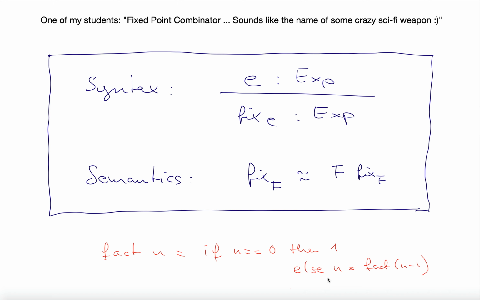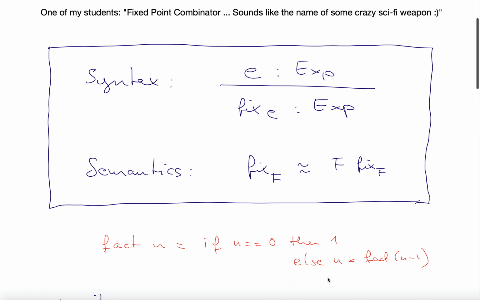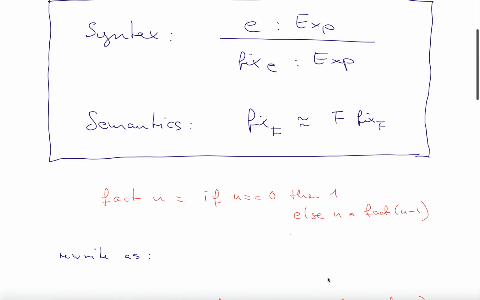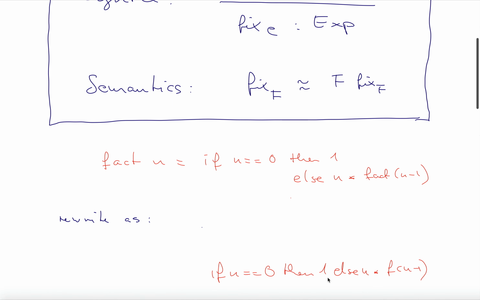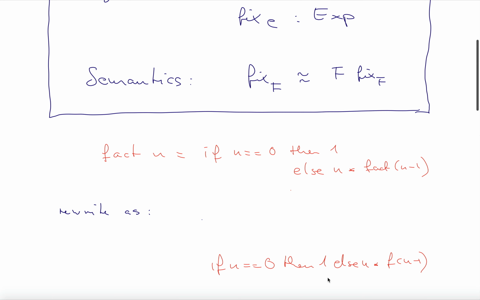It's just a name, and so we can replace it by any other name. So it's fair to rewrite this, just to emphasize that factorial here is just any name. I just copied the right-hand side of the definition and replaced factorial by f. So f is just a generic function here. It's just a name for any lambda expression, for any function, for any program.